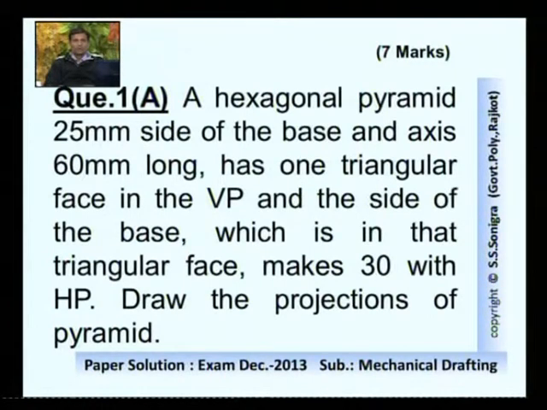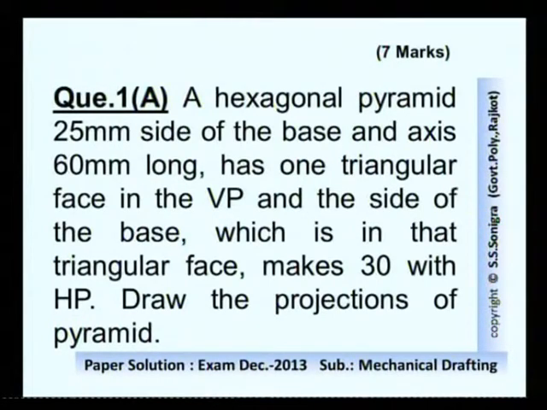Hence we have to draw the hexagon first, above the XY line like this. The side length of the hexagon is given, that is 25 millimeter. So take 25 millimeter as the radius and draw a circle to draw a hexagon of side length 25 millimeter like this.